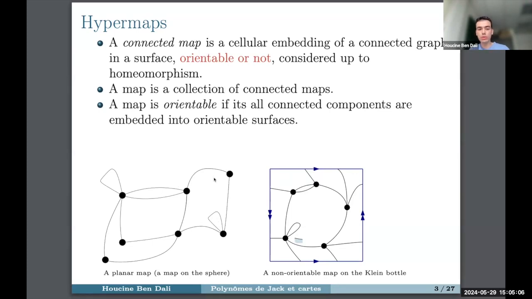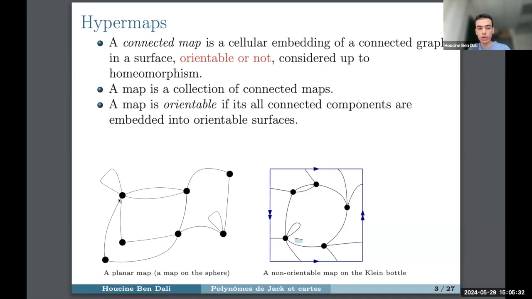A hypermap is a map for which the faces are colored in two colors, which I will call plus and minus. I will always represent the minus faces in blue in my pictures to see them easily. The condition is that an edge should separate two faces of different colors.